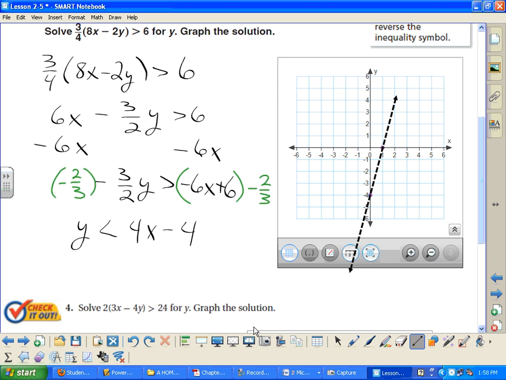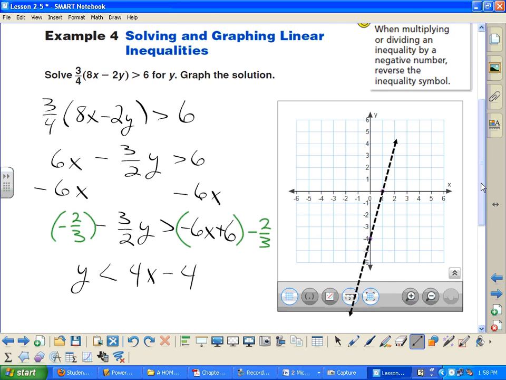Is anybody not sure? So let's check our favorite point, right? 0, 0. So I'm going to go back to the original. Okay. Going back to the original.